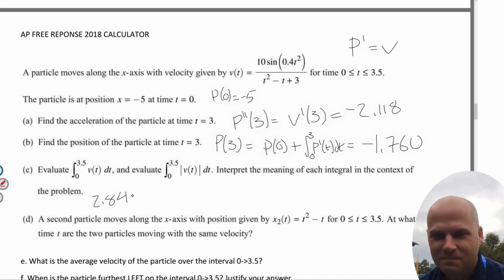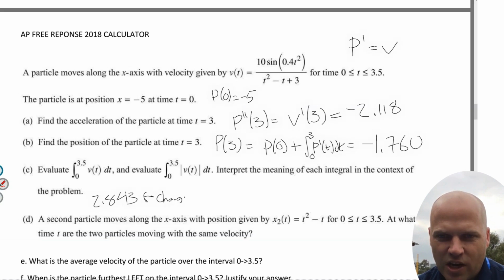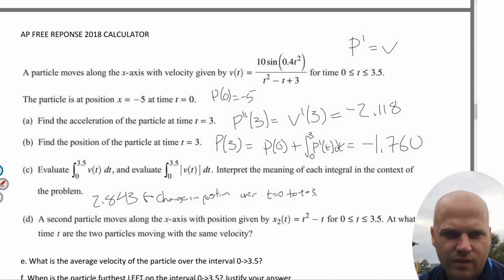Okay. So we did it. Now what is that? That's the displacement, the change in position over t equals 0 to t equals 3.5.